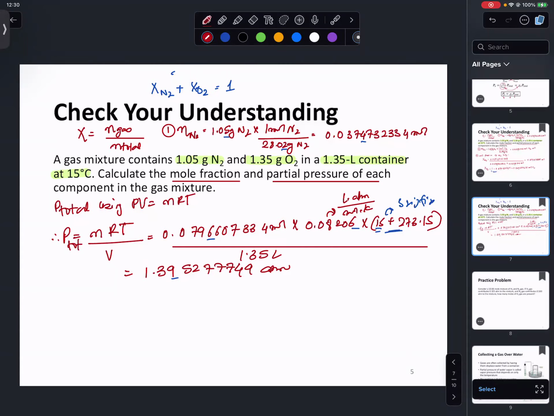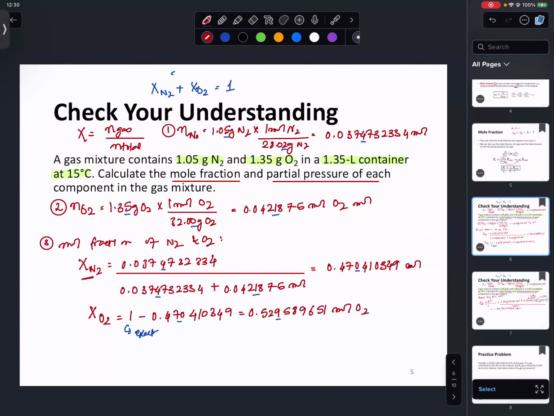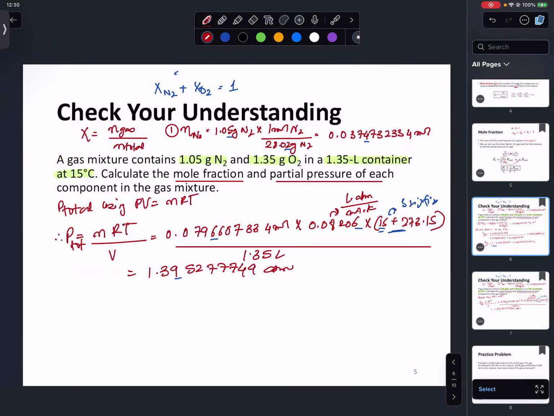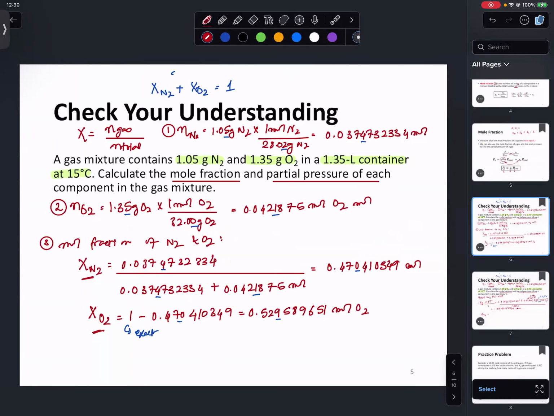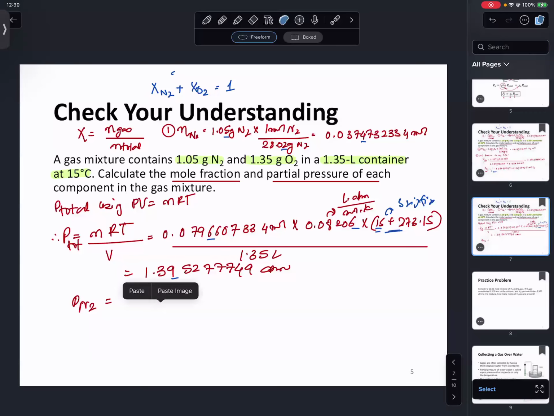Now, since I calculated the total pressure, I can calculate the partial pressure of each using a combination of the mole fraction and the total pressure. In this case, the partial pressure of N2 is going to be the mole fraction. So I'm going to copy and paste the mole fraction. And my advice always is to not round until the final answer.